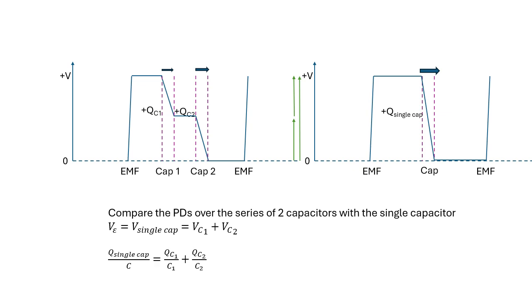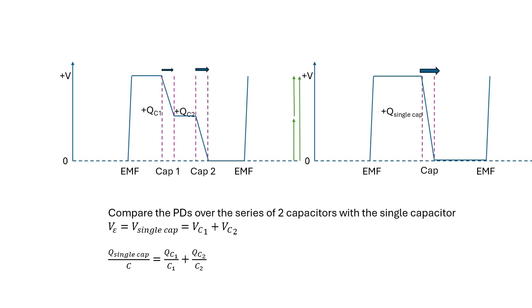Now, the potential difference across a capacitor is equal to the charge on it divided by its capacitance. So the charge that's on a single capacitor divided by its capacitance has to be the sum of the charges on each individual capacitor in the series divided by each of their capacitances. What we also know from before is that the charge on every capacitor in series must be equal.